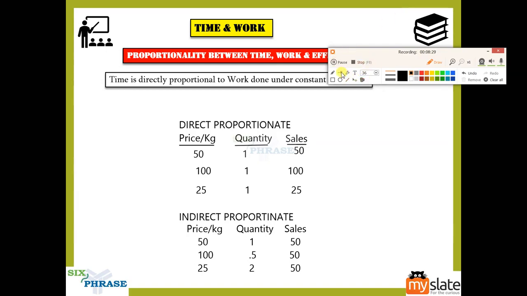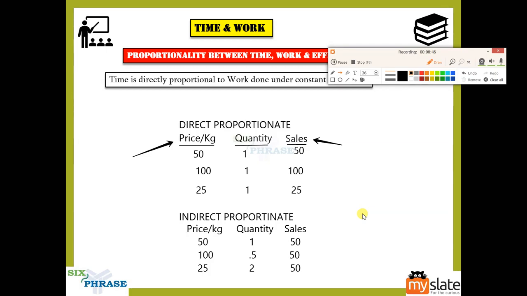You're going to find if price per kg and sales are directly proportionate or indirectly proportionate. That is what you're going to find.